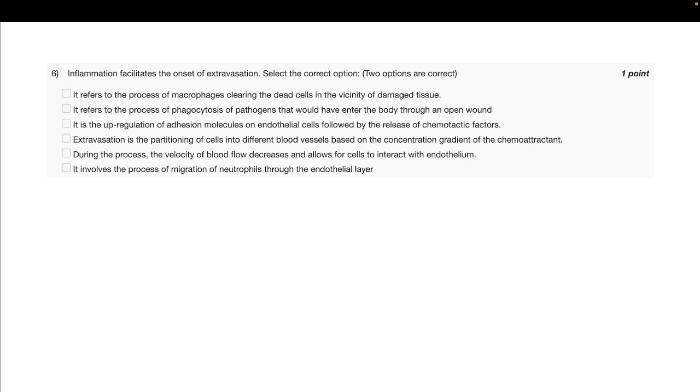Anybody? Option 5 and 6. The last two options. Okay. Anybody else?